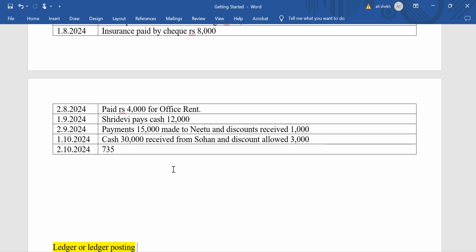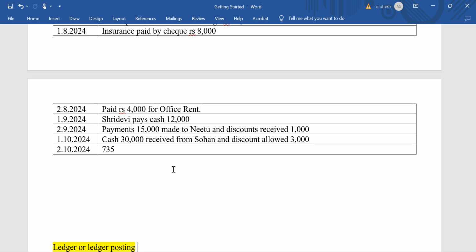Office rent account debit 4,000, credit cash 4,000. Sridevi pays cash 12,000. Cash account debit to Sridevi account.